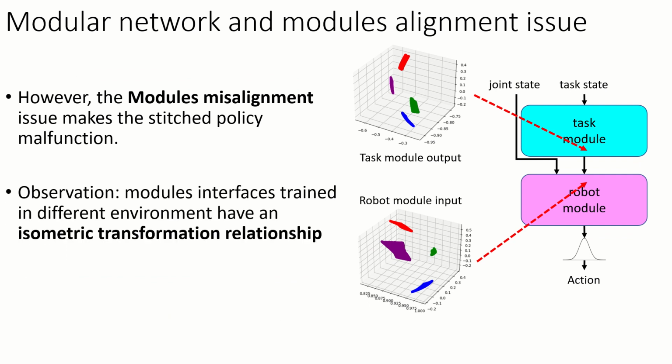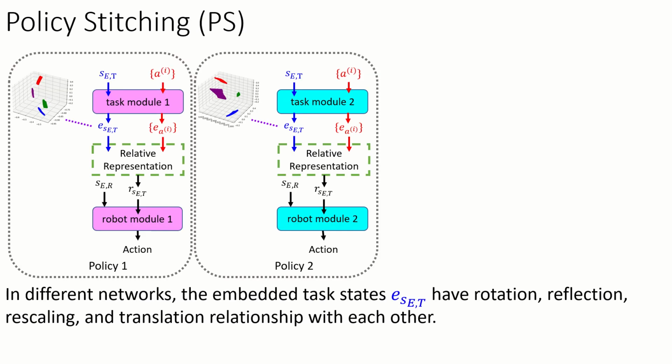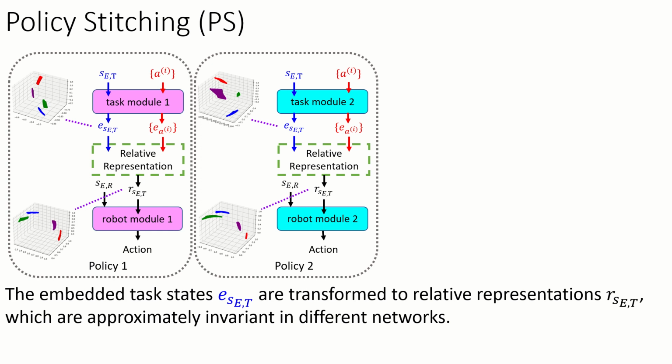We observe that module interfaces trained in different environments have an isometric transformation relationship. In different networks, the embedded task states have rotation, reflection, rescaling, and translation relationships with each other.